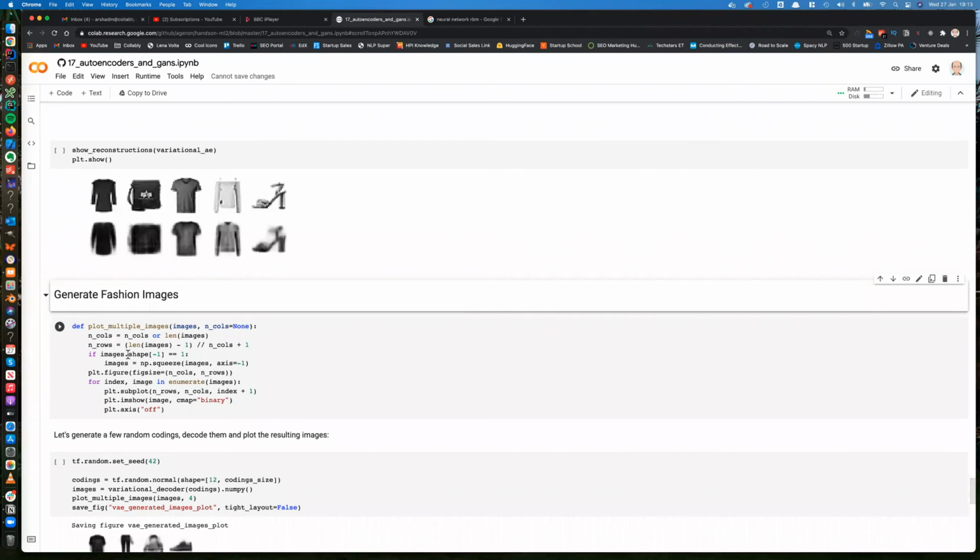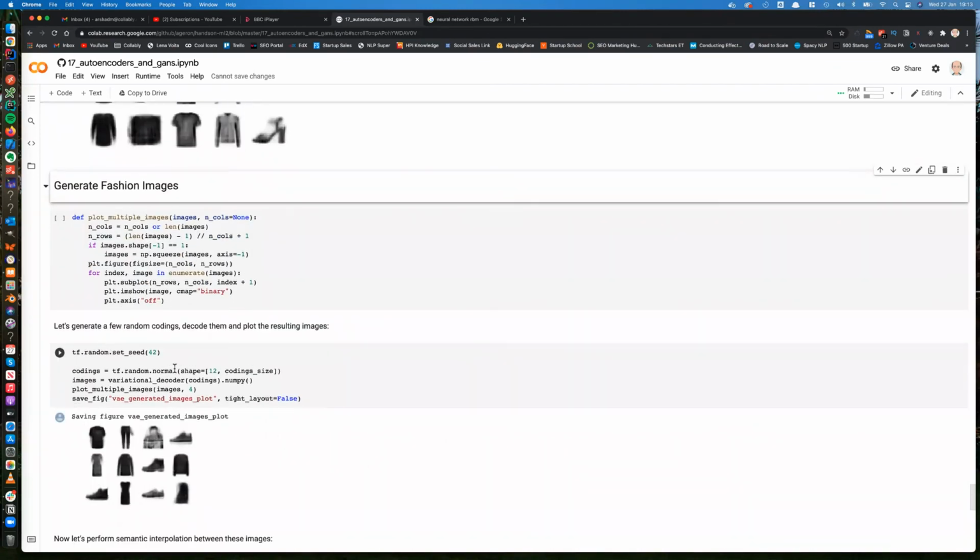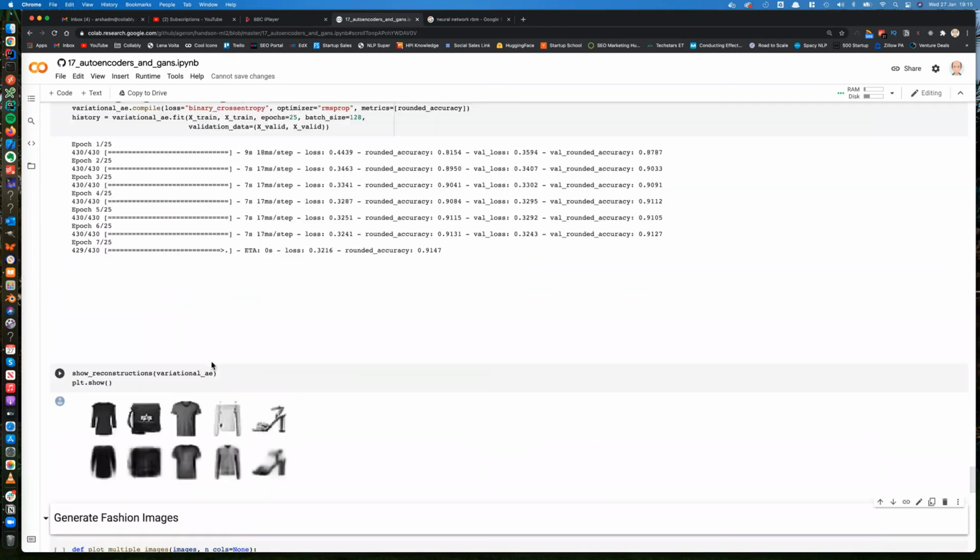How are we doing that? There's a plot, and then we have a random seed. We create a random normal of shape 12 by the size of the codings, and then use the variational decoder, pass in the codings, and generate the images. That's interesting.